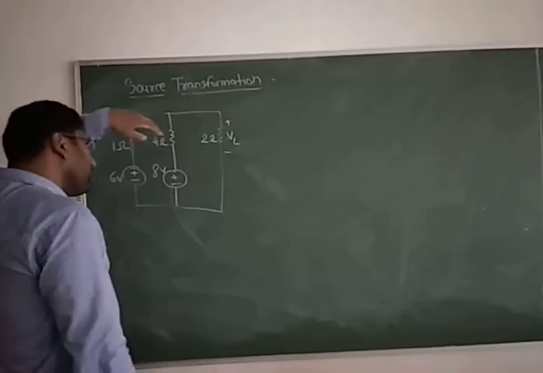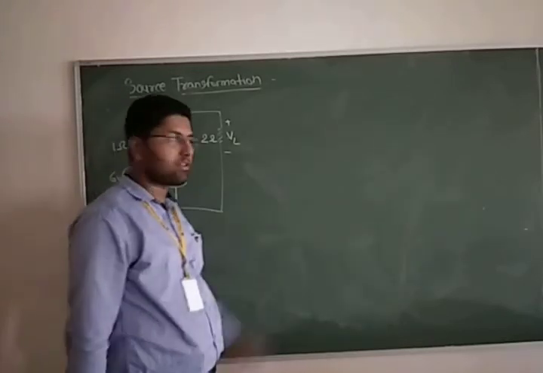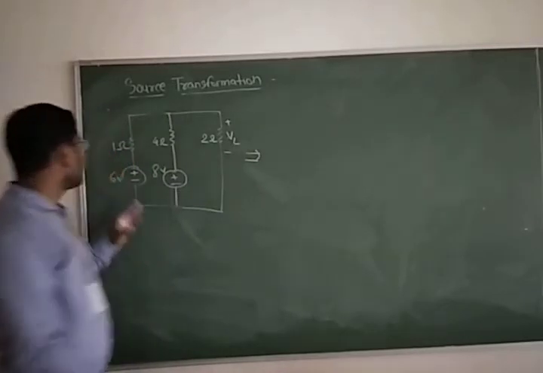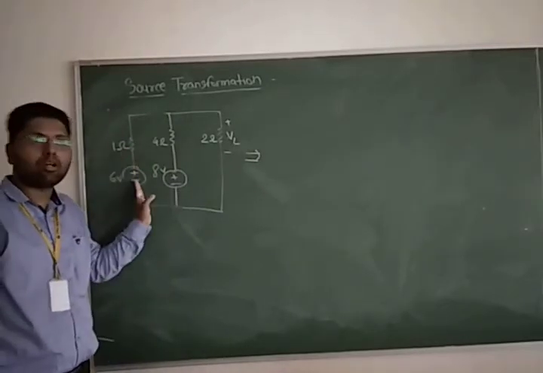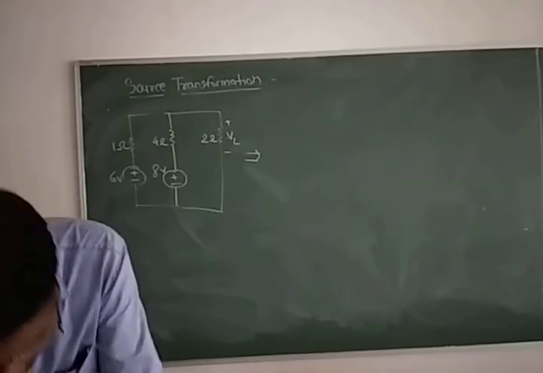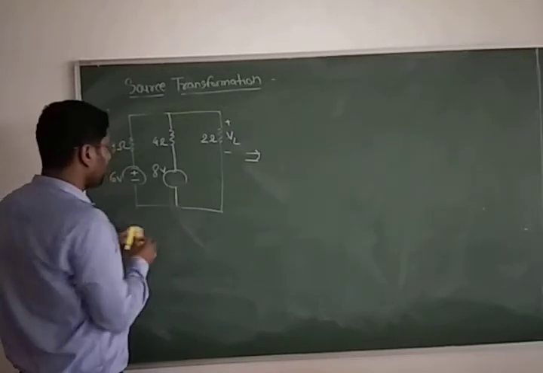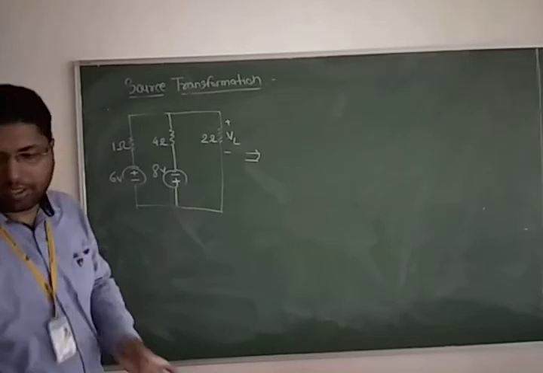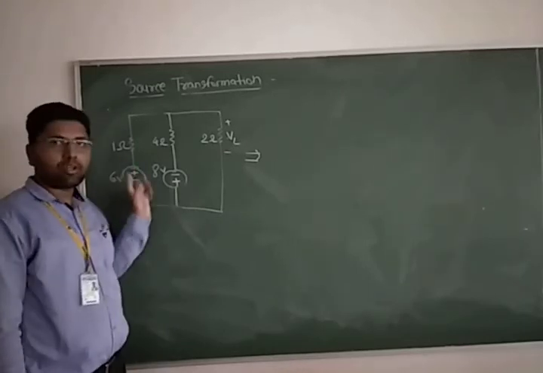So first of all, we will convert the voltage source into the current source. So that will be a simplified circuit. So how to transform it? So tell me, imagine that 6 volt in 1 ohm resistor, I want to convert that into the current source. And what will be the direction? The direction I have supposed to write here is minus to plus. Minus to plus. Do the correction. So I want to convert that 1 ohm and 6 volt into the current source.